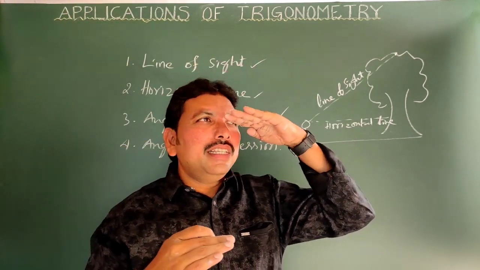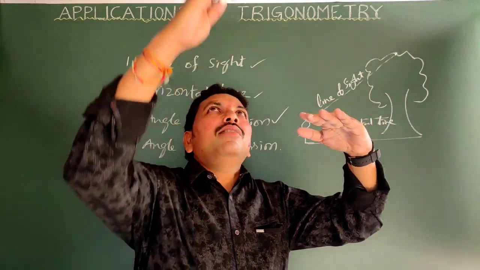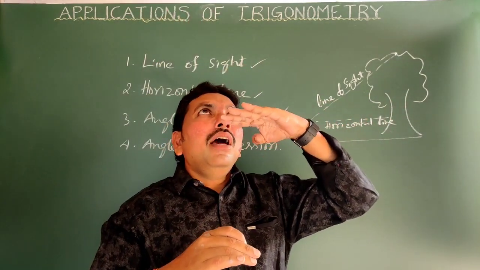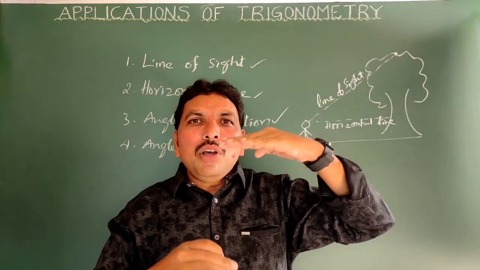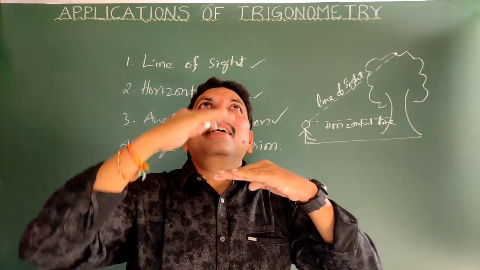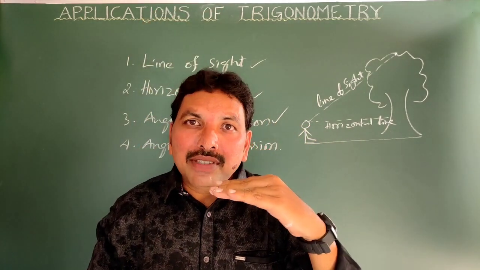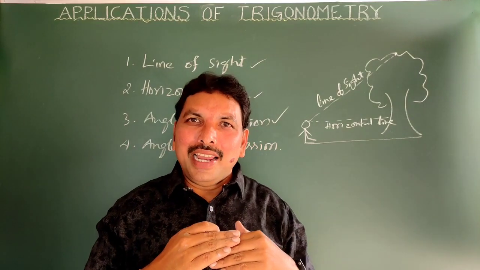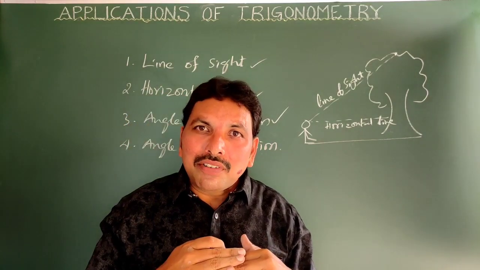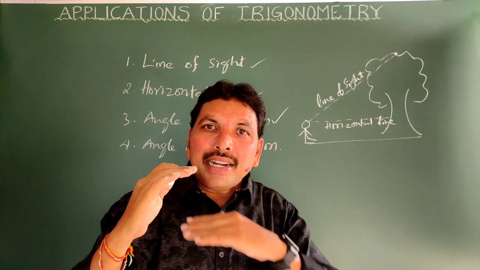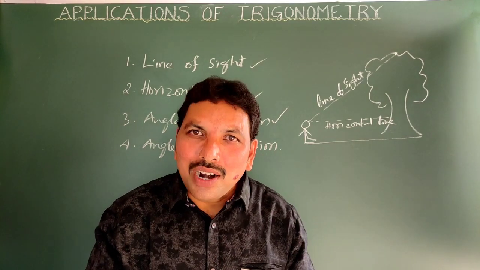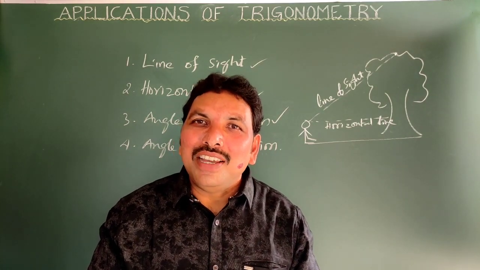That's why the angle between the line of sight and the horizontal line is called angle of elevation.